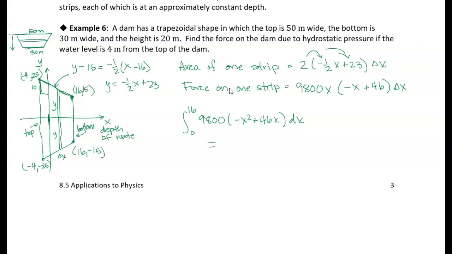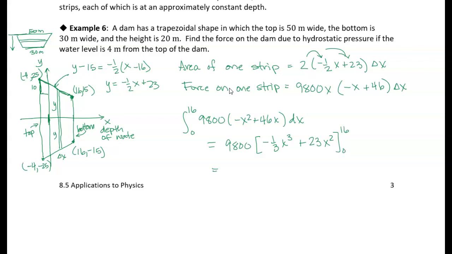Now it's pretty much just arithmetic and a little calculus. So we get 9,800, and when I integrate my polynomial, I get minus 1/3 x cubed, plus 1/2 times 46, which is 23x squared, evaluated from 0 to 16.